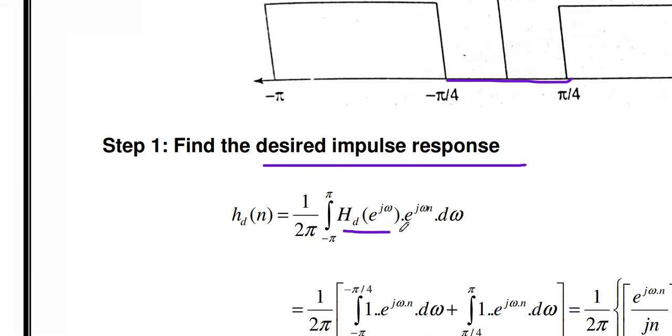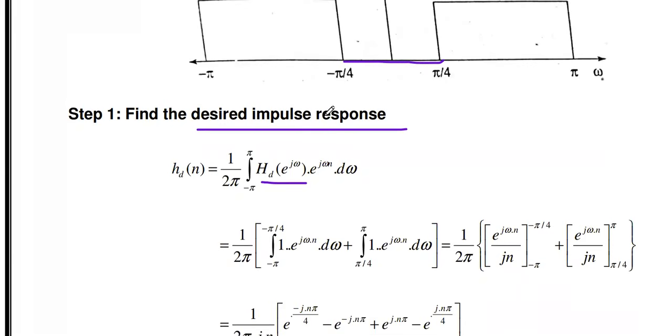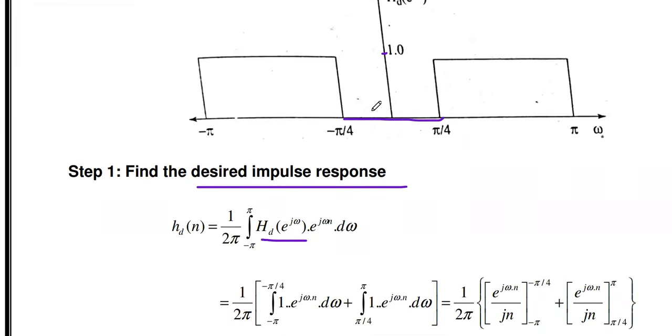Here we have to substitute the value of HD of e power j omega over the limits. You see the graph: HD of e power j omega is 0 for the limit minus pi by 4 to pi by 4. For minus pi to minus pi by 4, the amplitude is 1, and for pi by 4 to pi, the amplitude is 1.